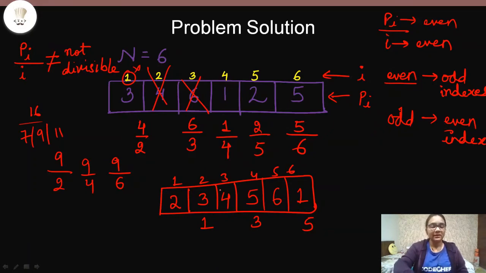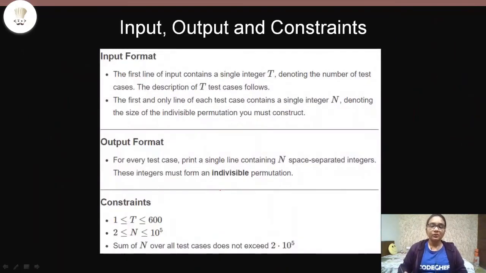Now that we have understood the solution, let us see the input, output and constraints, which are very simple here. The first line will be the number of test cases, for example 2. The first and only line of each test case will have a single integer n. So if we have 2 test cases, there will be 2 values of n, let's say 4 and 5, for which we have to find the indivisible permutation.